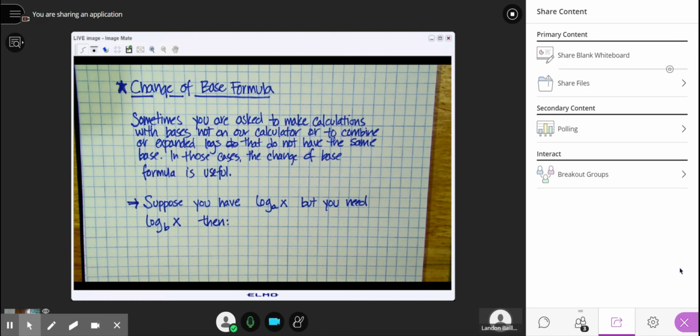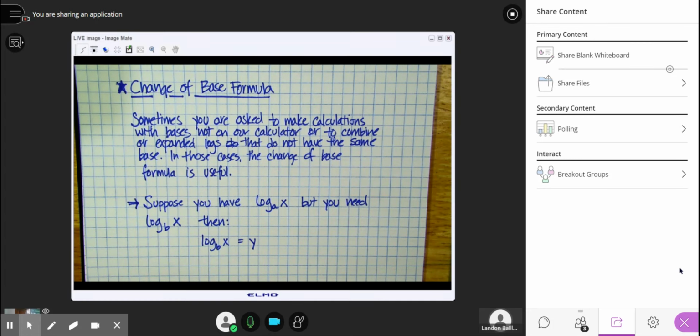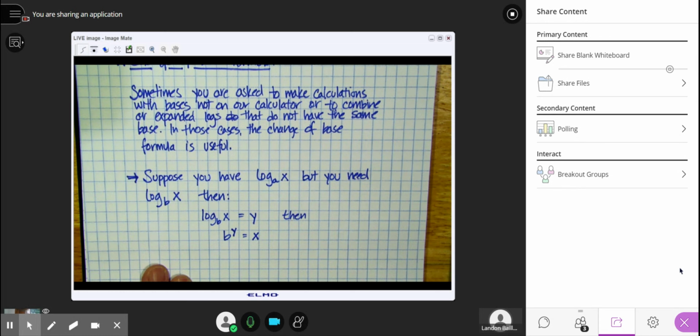Then you can do the following. For log base b of x, we're going to let that be some value y. Then in exponential form, we know b to the y has to equal some value x. Base to the exponent has to equal the result.